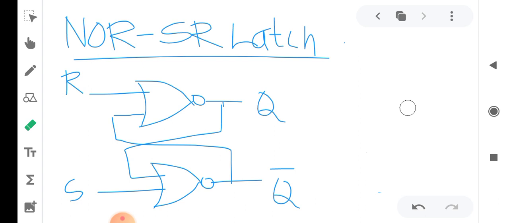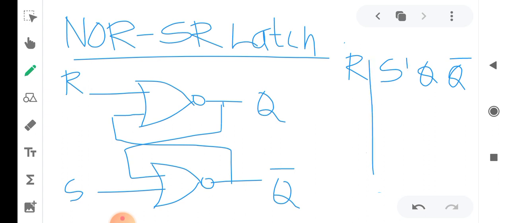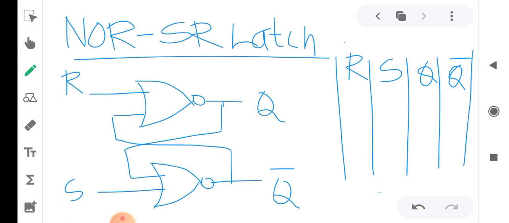If I put both R and S here, I need to know about Q and Q complement. These are the things I want to know now. What happens if I give these inputs? Say I give R equal to 0 and S equal to 1.